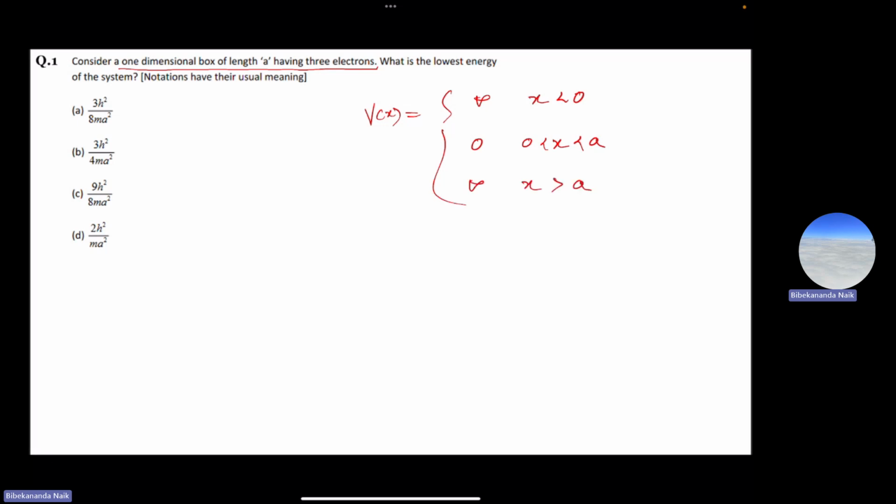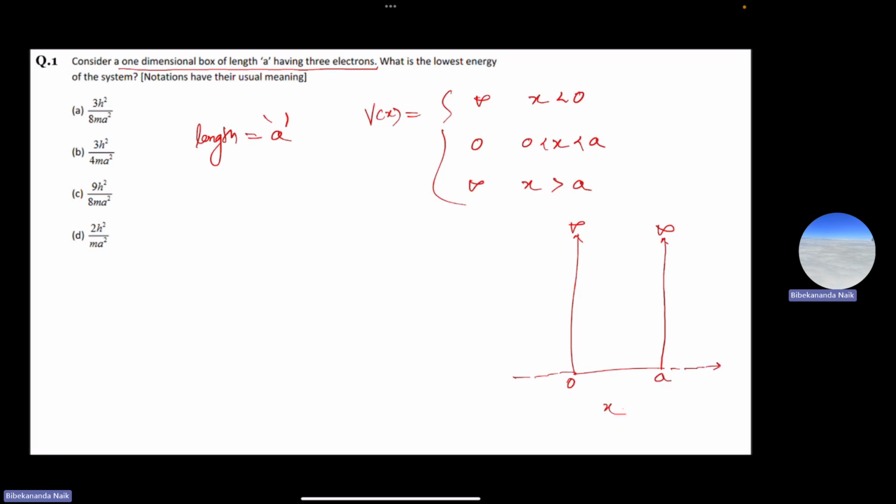So here it is saying that the length of the box is a. How will the potential look? It will be like this: this is infinity, this is infinity, this is 0, this is a.